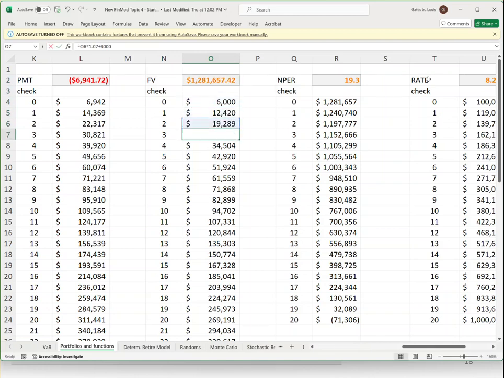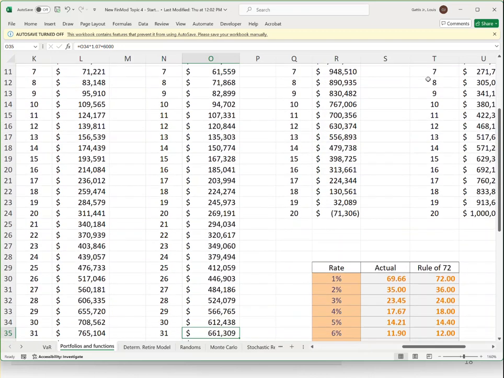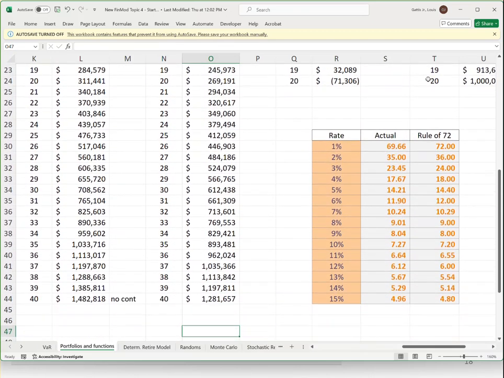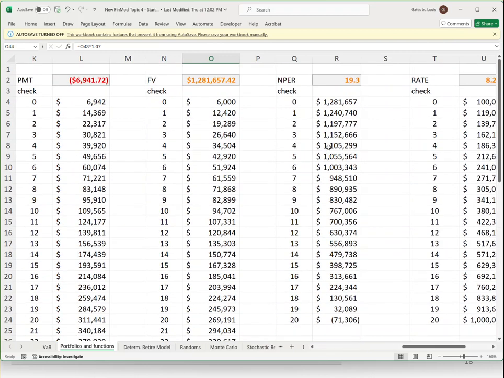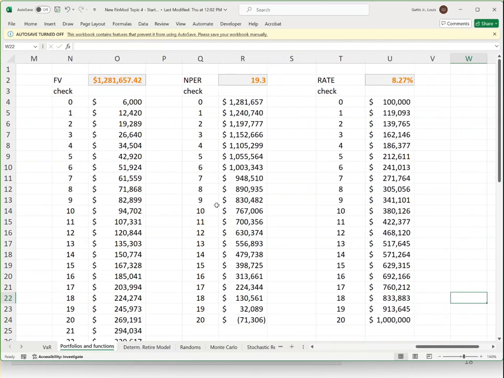I did a portfolio roll forward showing exactly that you would have that $1.28 million at the end of 40 years. For the number of periods function, how many years will my money last if I'm withdrawing $100,000, I have 19.3. I show you exactly that somewhere between the 19th and 20th year, your portfolio balance goes to zero. So this is good to see that those functions are working.